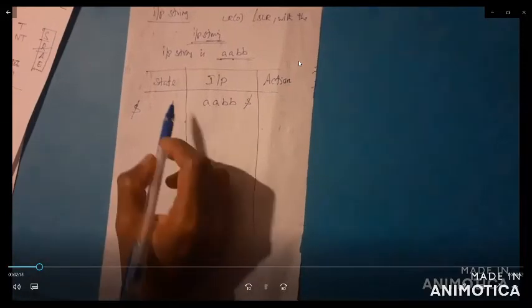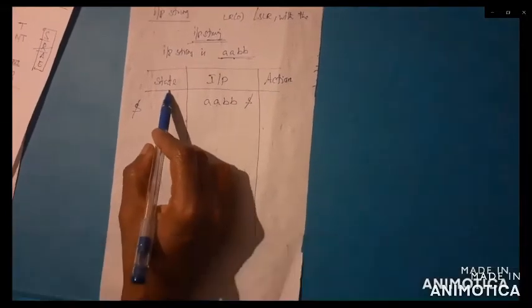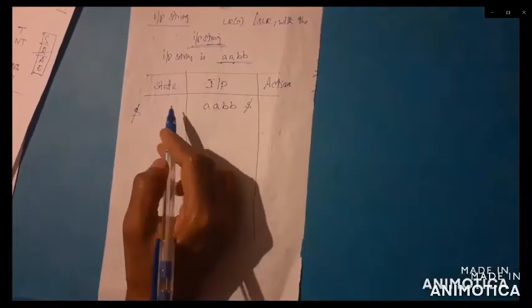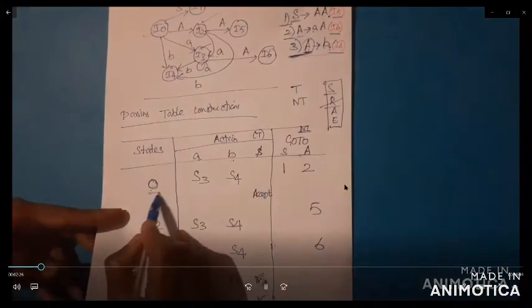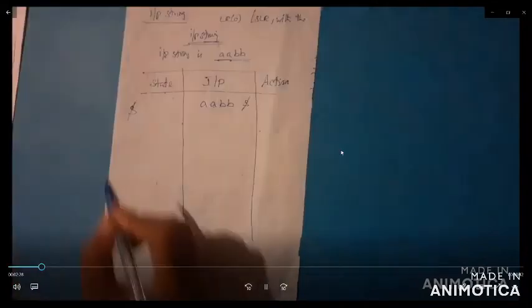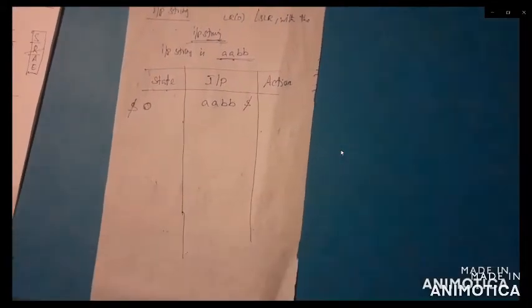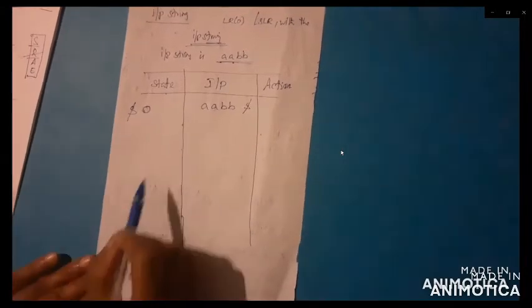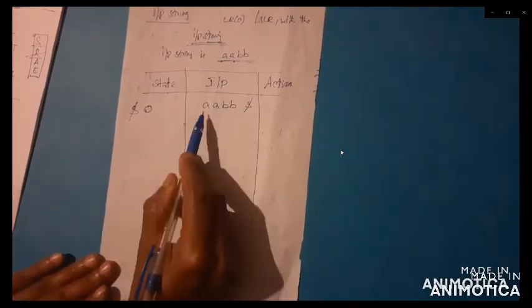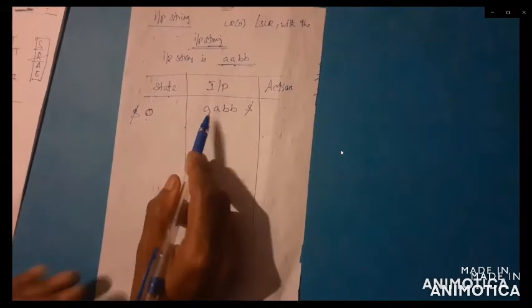When will the state start? What is the starting state of the given transition diagram and parsing table construction? The state starts at 0, so I start the table with state 0. Now we check state 0 with input A. What is 0A?